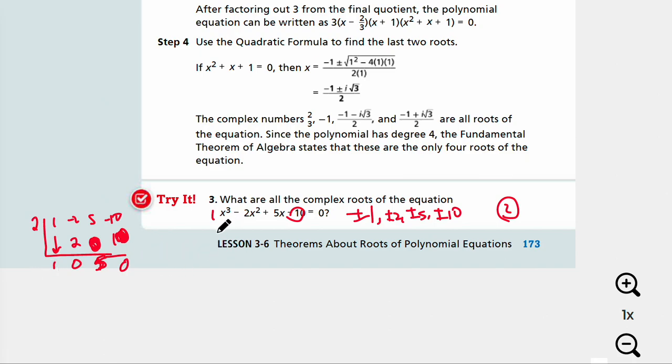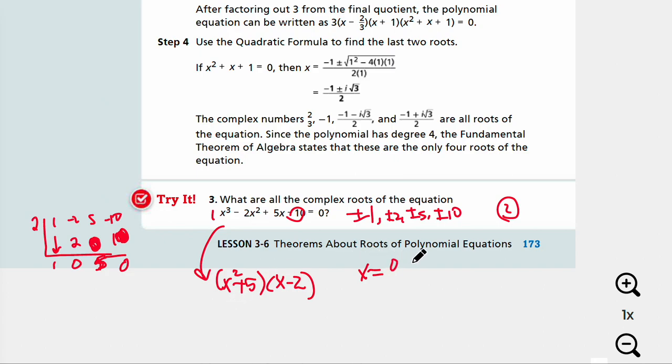Okay, and so you can rewrite this as 2 factors, x squared plus 5 times x minus 2. And then we already know that x squared plus 5 has a negative discriminant, so it's going to have complex roots. So use the quadratic formula, and here in this case b is going to be 0.